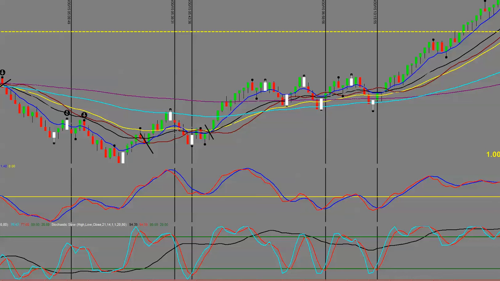Now if you don't understand the risk parameters here, 2% working out, you should not be trading. You need to really make sure you've got that right.